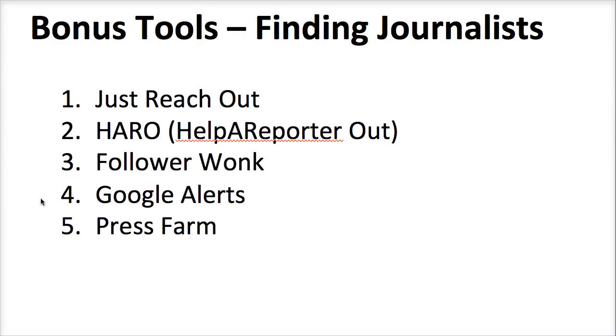There's a tool called Just Reach Out. Another one is Hero, Help a Reporter Out, and then Follower Wonk. And you can actually set up Google alerts to find articles that are being published by your industry news outlets. And then there's another tool called Press Farm that you can use to find relevant industry journalists.